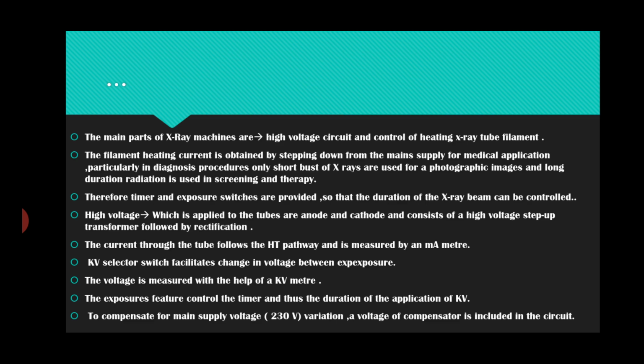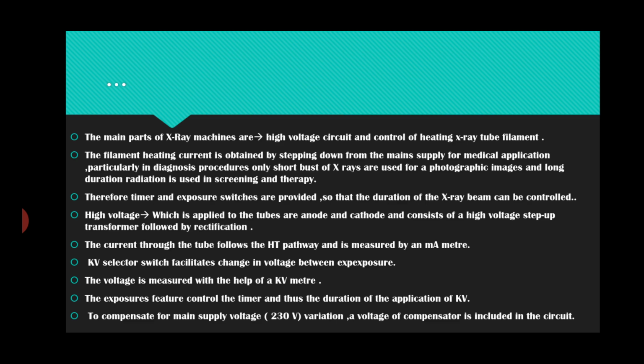High voltage is applied to the tube's anode and cathode and consists of a high voltage step-up transformer followed by rectification. The current through the tube is measured by a milliampere meter. The KV selector switch facilitates a change in voltage between exposures.